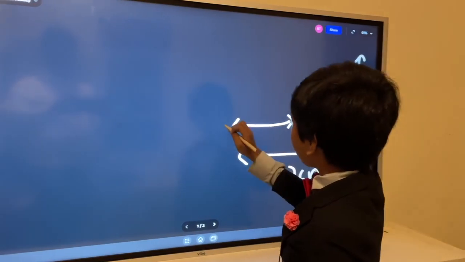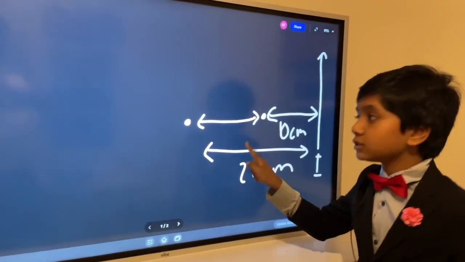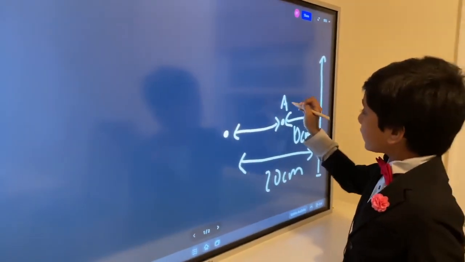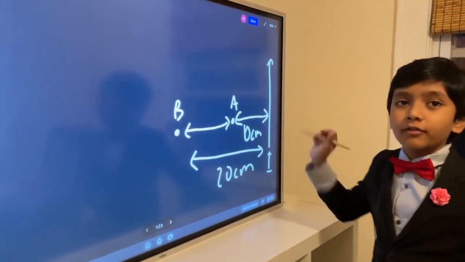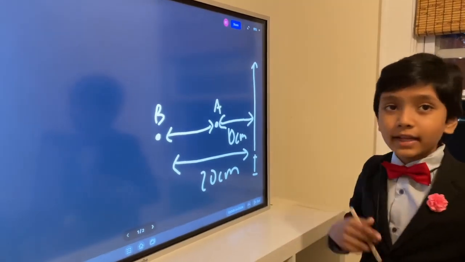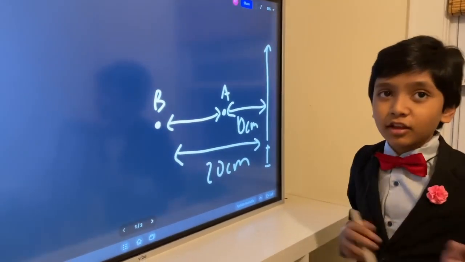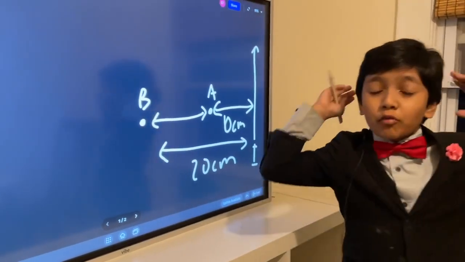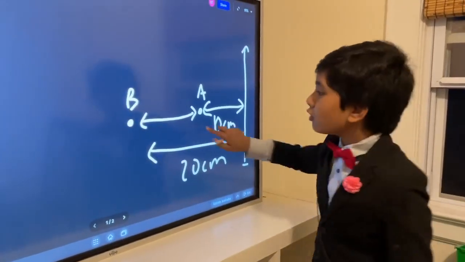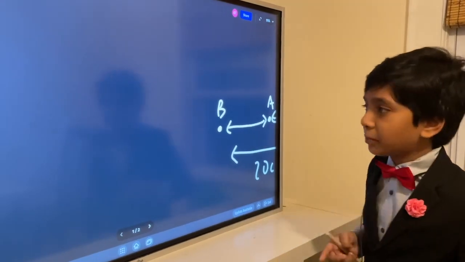So let's draw that over here, and then let's call this one A and this one B. And now we want to find what is the current of A, and what is the magnitude of the magnetic field of A, and what is the magnitude of the magnetic field at B. That's what we want to find over here. So we need to use the equation that we erased before.